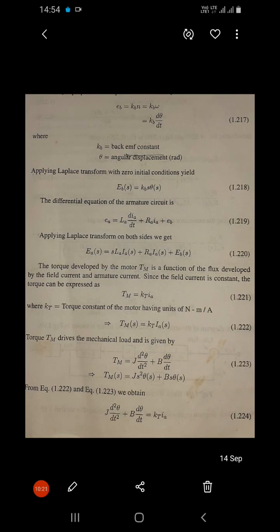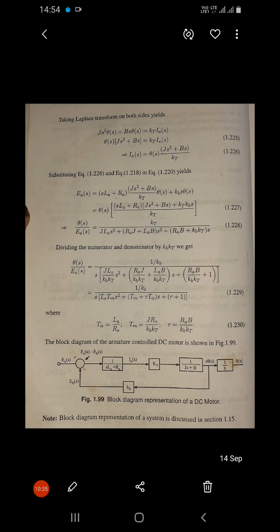What is our 1.220 equation? Equation 1.220 is Ea(S) = S La Ia(S) + Ra Ia(S) + Eb(S). After substituting, the equation will be Ea(S) = (S La + Ra) into (J S² + B S) divided by Kt into θ(S), plus Kb into S θ(S).